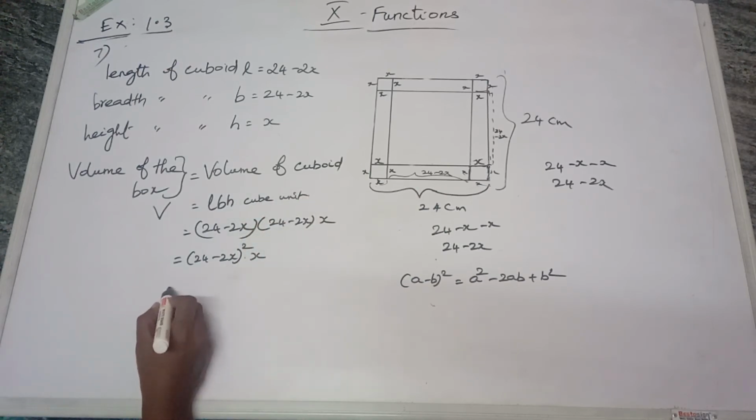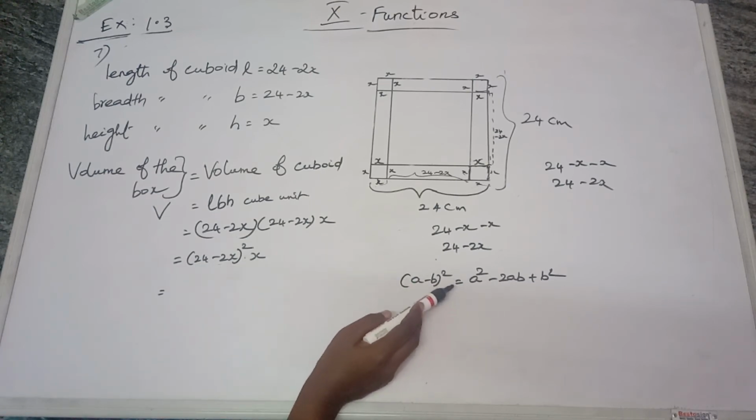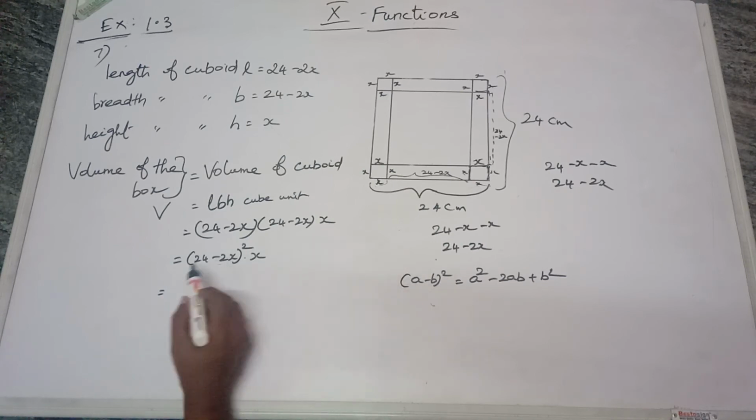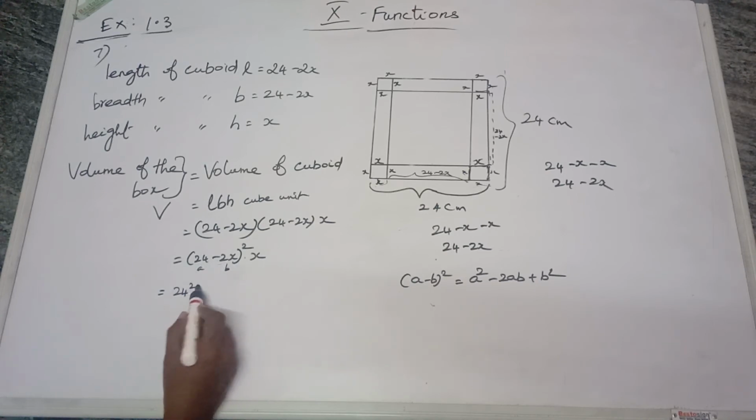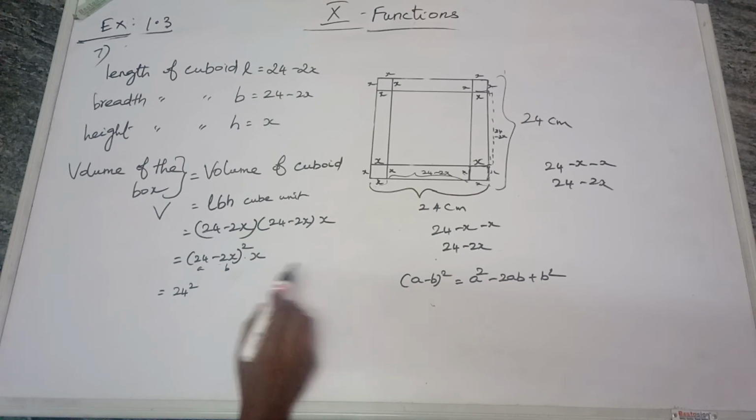Now we have to expand this using this expansion. Here in place of A we have 24 and in place of B we have 2x. So 24 square, and this is an algebraic identity, so you have to use it.